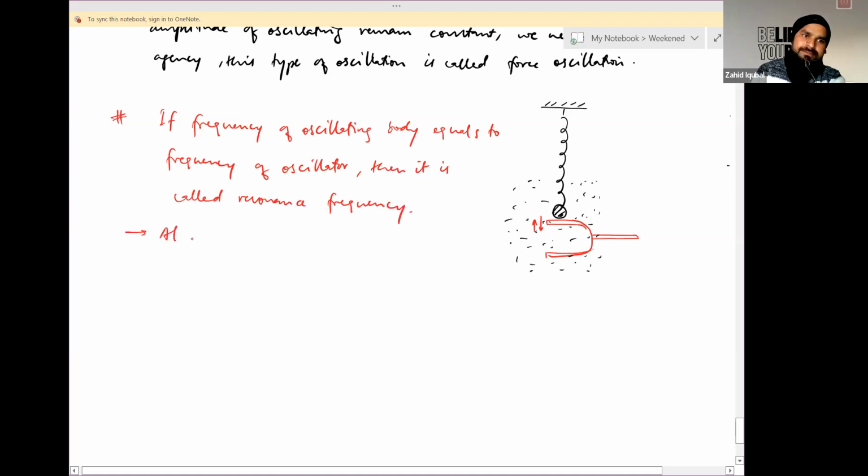At this point, the amplitude of the body or bob becomes maximum.